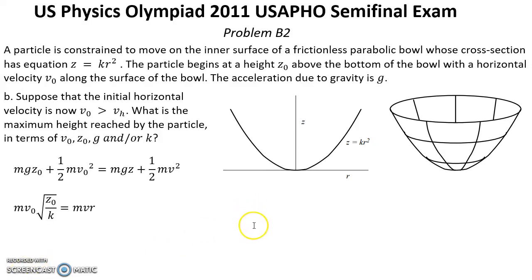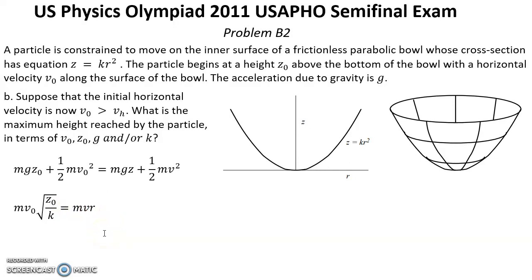In the lowest and highest points, the velocity has only a horizontal part, no vertical part. In the lowest point, we have m v0 multiplied by r, which is the square root of z0 over k, and that's equal to mvr in the highest point.